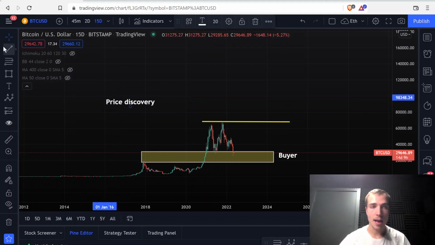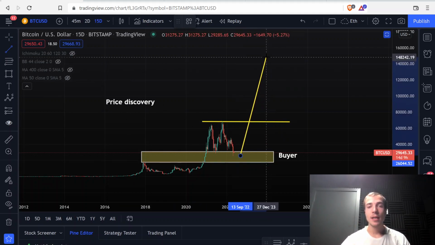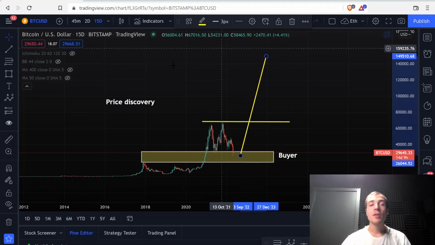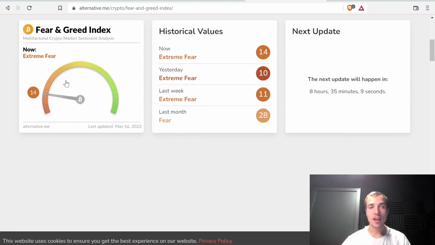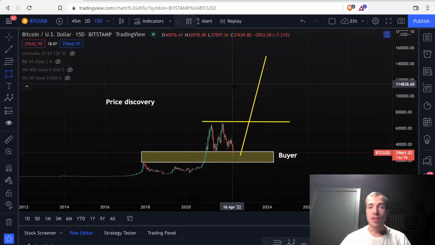They've never been that high before. That's why it's called an all-time high. So as you go into price discovery, that's when you begin to see this little chart here go from extreme fear to extreme greed. And that's where you want to start thinking like a seller.